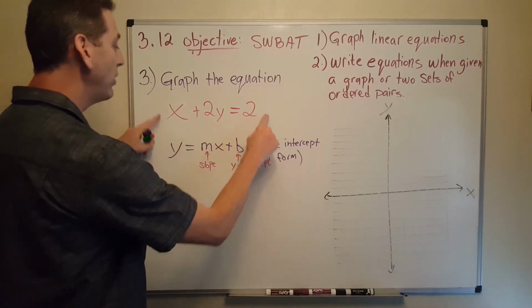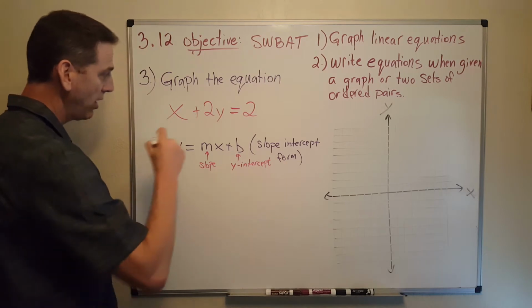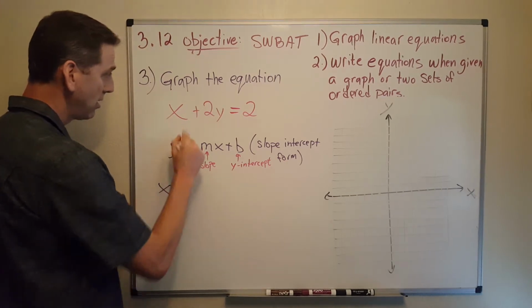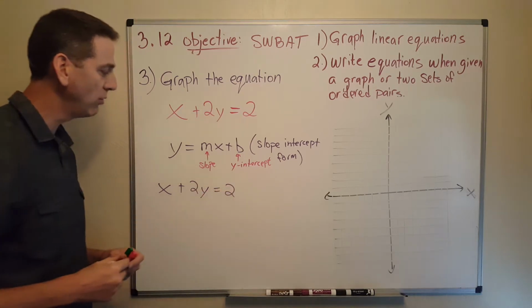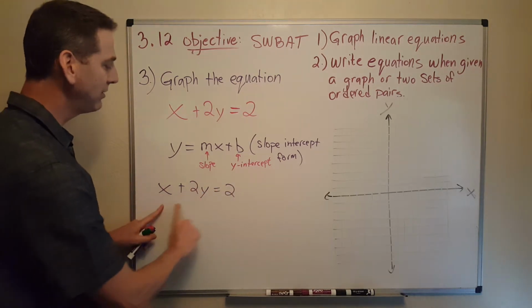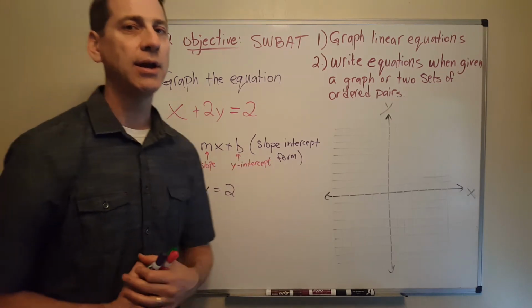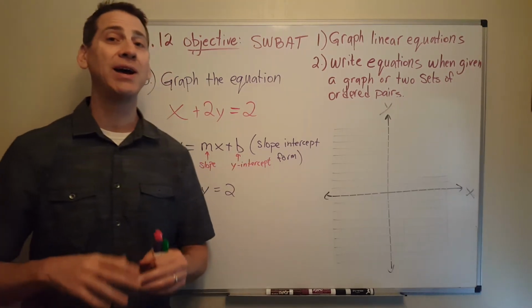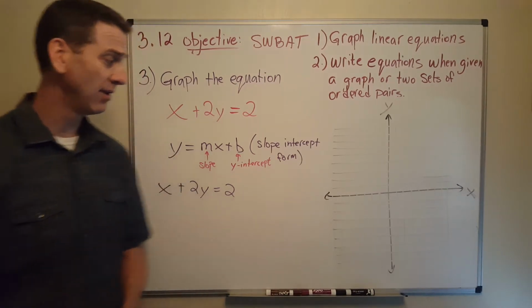So I'm going to go ahead and rewrite this equation down here. All right? So I got x plus 2y equals 2, right? I'm just rewriting it. Now I want to get this equation into slope-intercept form. Okay? The way I do it is, first I use my addition principle. Am I adding or subtracting anything?